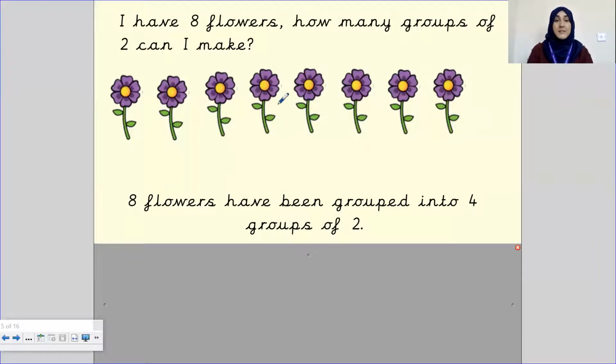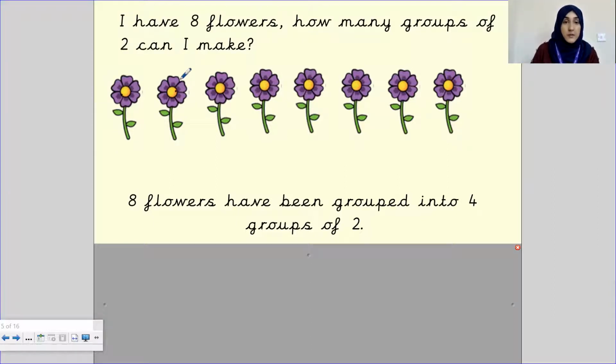Okay, for this example, it says, now, I have 8 flowers. How many groups of 2 can I make? So how many flowers need to be in each group, Mara's class? Show me your fingers. Well done, 2 flowers. So let's get my pen ready and let's start drawing my groups. So here's 1, 2.